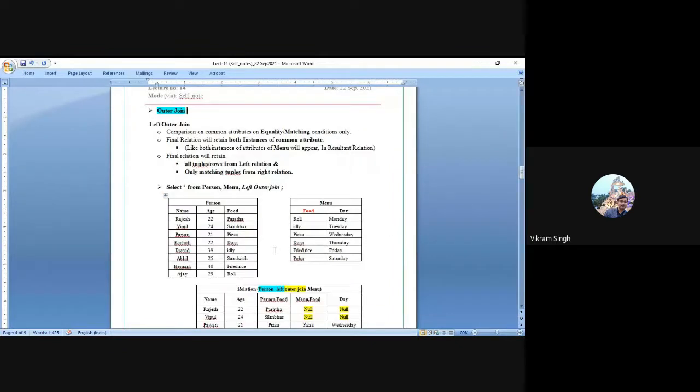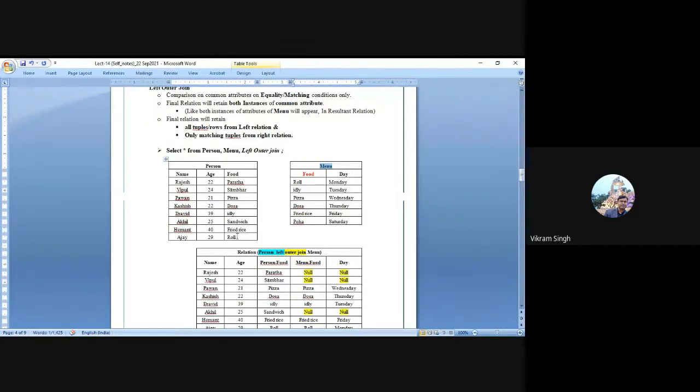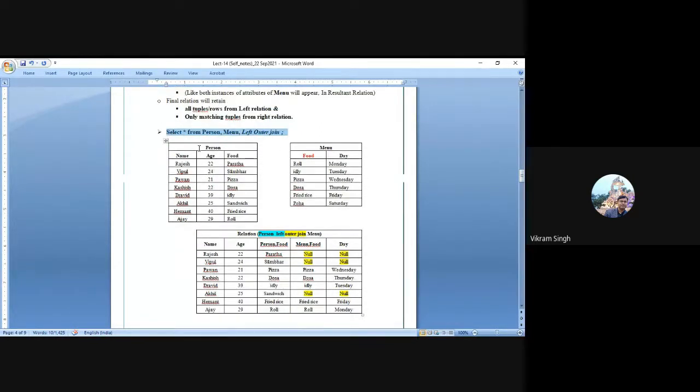So let's see, for the same database tables, person and menu, food is common between these two, and we are assuming that we are trying to perform a left outer join. You will write select star from person, menu, and then left outer join. Here the table person appears as the left side table, so this simple query will retain all the tuples from the person table.